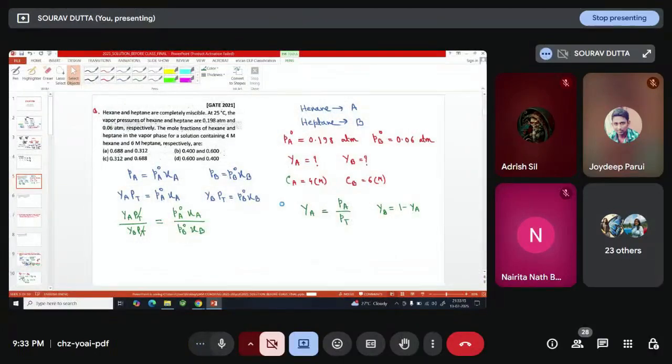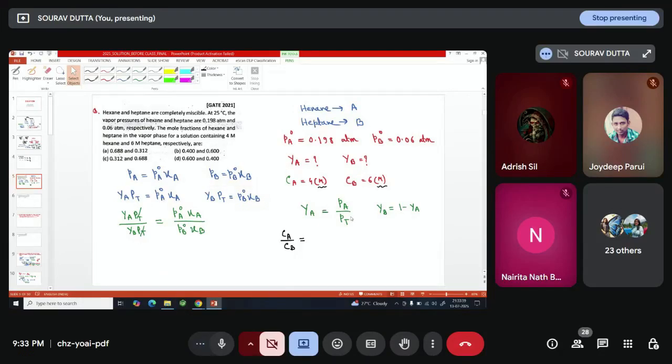How? Okay, look, the concentration of A divided by concentration of B. This concentration is basically molar concentration, right? In our previous lecture, lecture 1, I talked about molarity, normality.